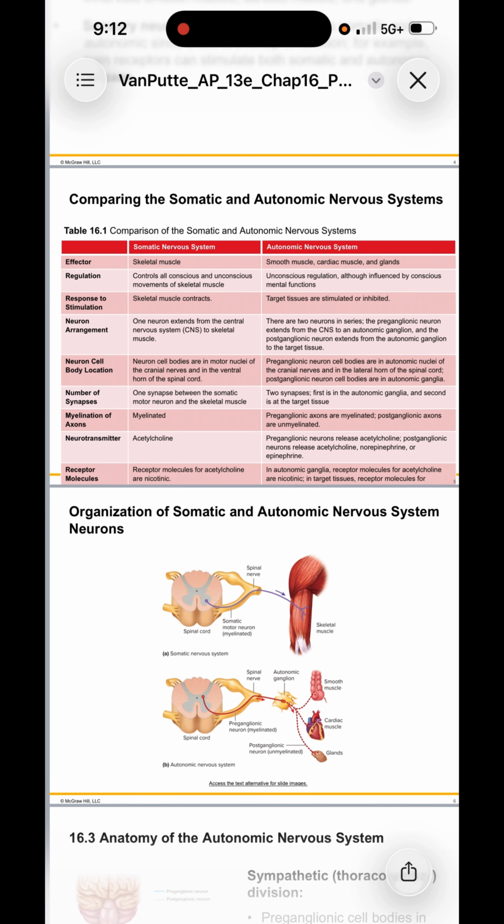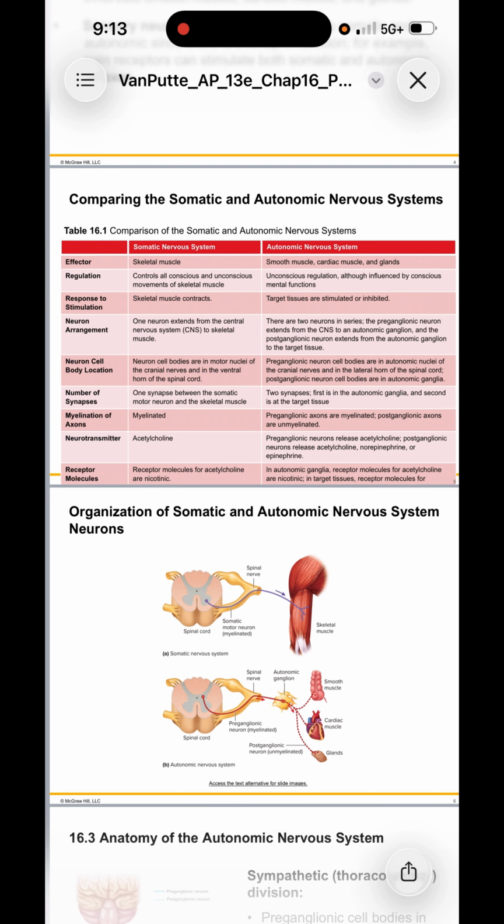Somatic nervous system, neuron cell bodies are in motor nuclei of the cranial nerves and in the ventral horn of the spinal cord. Autonomic nervous system, preganglionic neuron cell bodies are in autonomic nuclei of the cranial nerves and in the lateral horn of the spinal cord. Postganglionic neuron cell bodies are in autonomic ganglia.